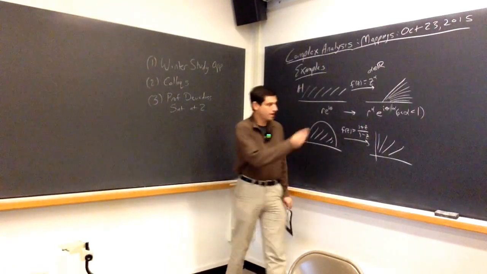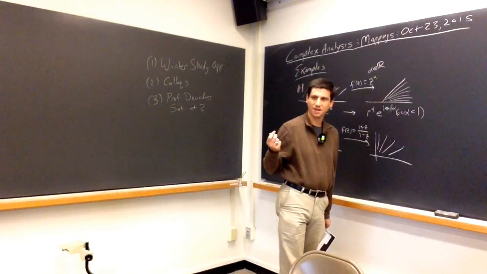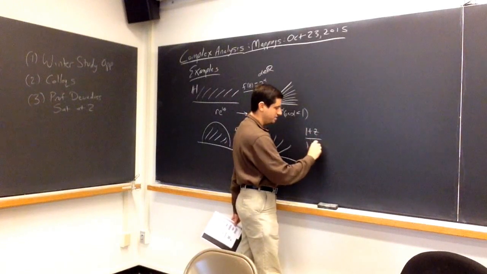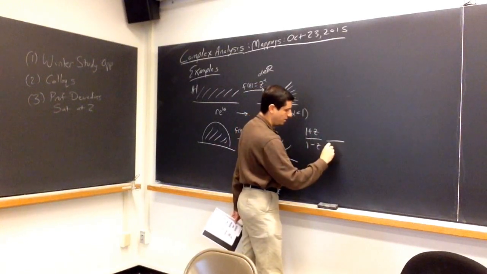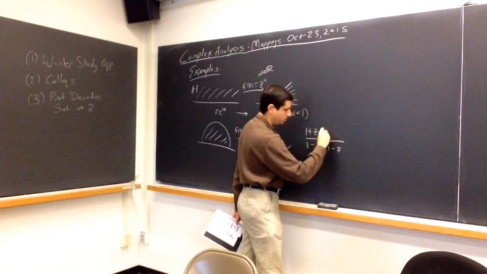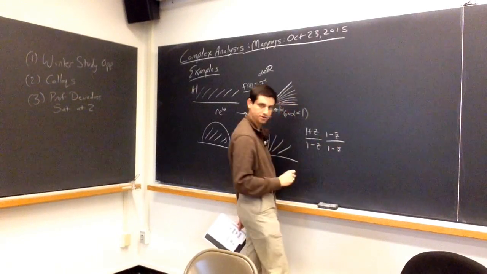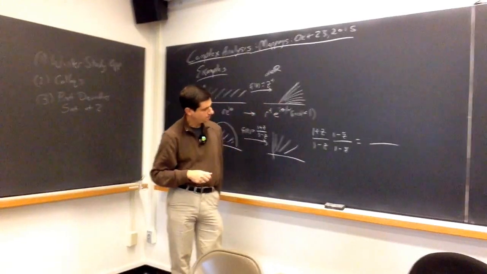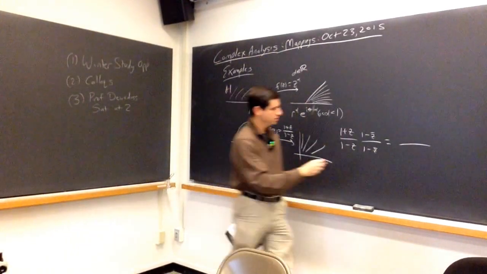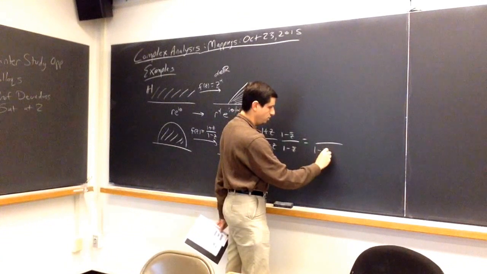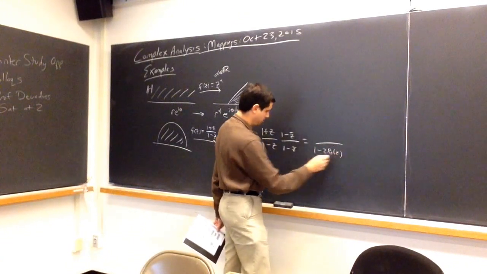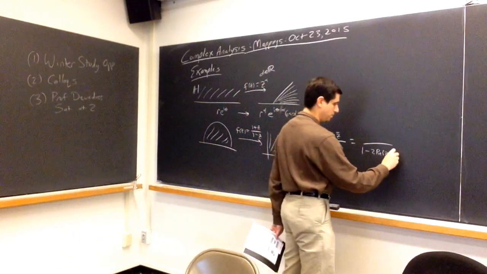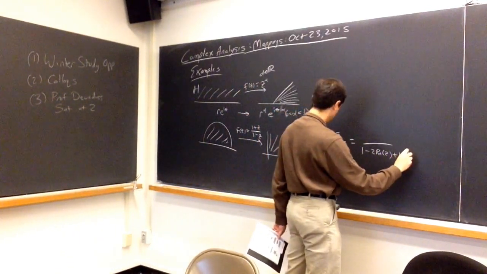Yeah, rationalize it, all that stuff from Algebra 1 all those years ago. We have (1 + z)/(1 − z) times (1 − z̄)/(1 − z̄). Now when we multiply it, the denominator becomes 1 − z − z̄ plus the length of z squared, so we get 1 − 2 Re(z) + |z|².